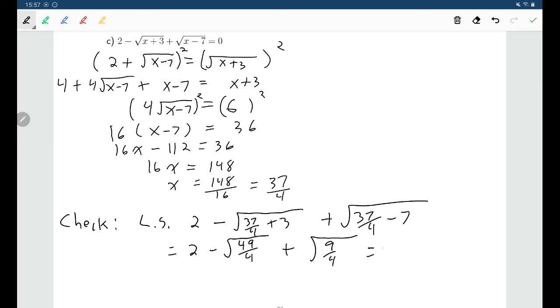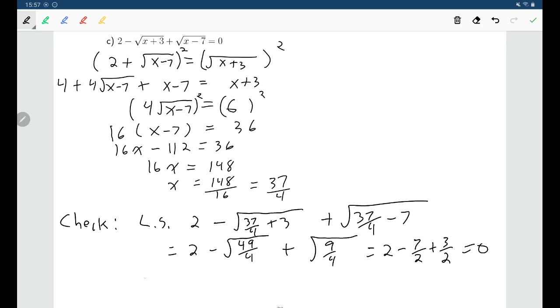And so we'd have 2 minus the square root of 49 over the square root of 4 plus the square root of 9 over the square root of 4.